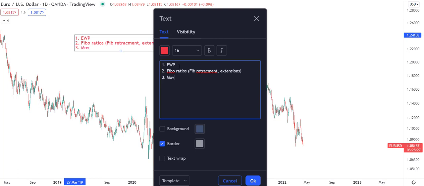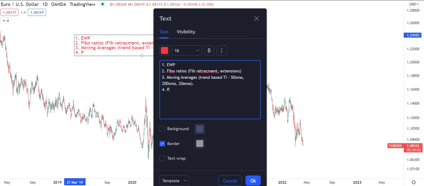Then we have moving averages, trend-based indicators, TI short for technical indicators, and we use the 50 simple, 200 simple, and 20 exponential.